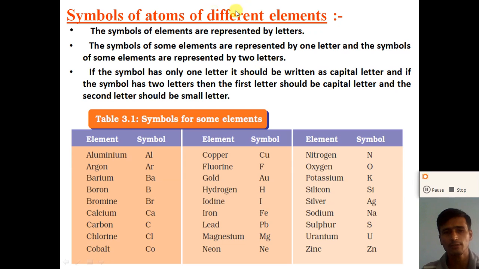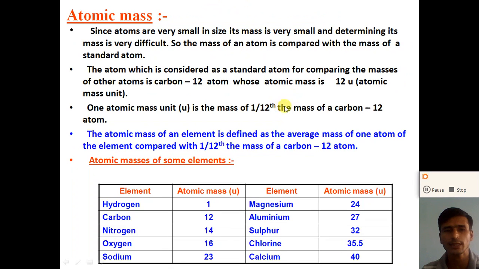So now, how can we calculate the atomic mass? Atomic mass is the mass of the atoms, right? Since atoms are very small in size, their mass is very small, and determining it is very difficult, right? So how can we measure the mass of an atom? An atom is a very small particle, so it is difficult to measure its mass.